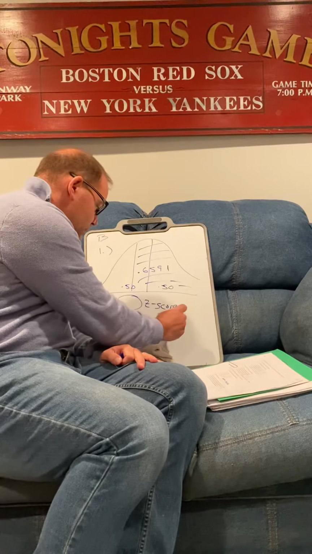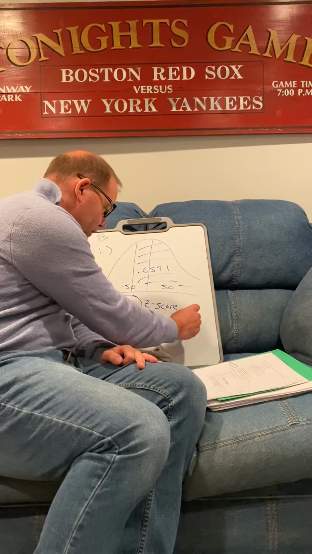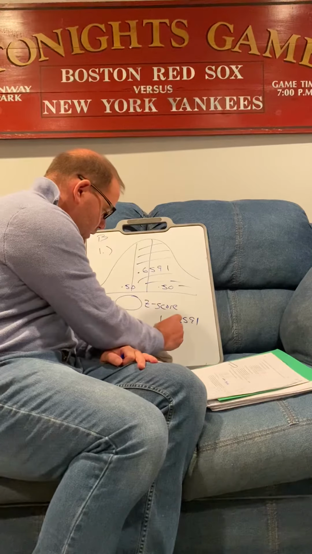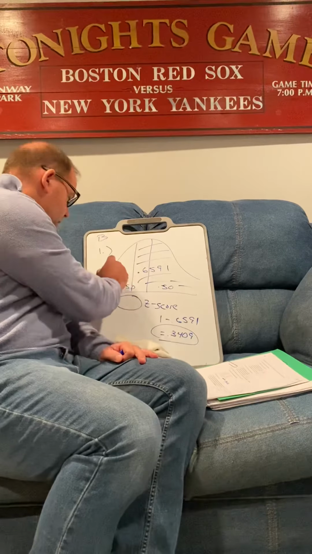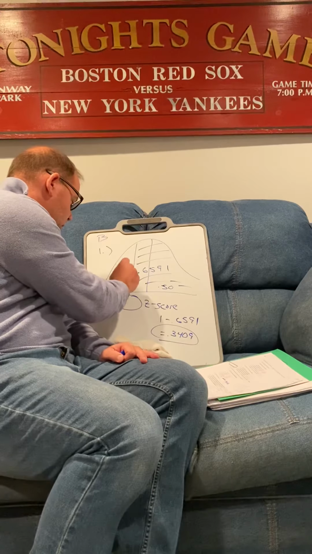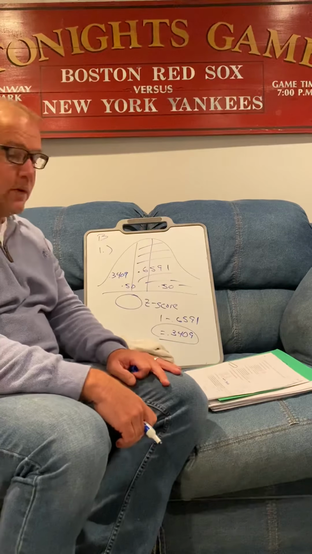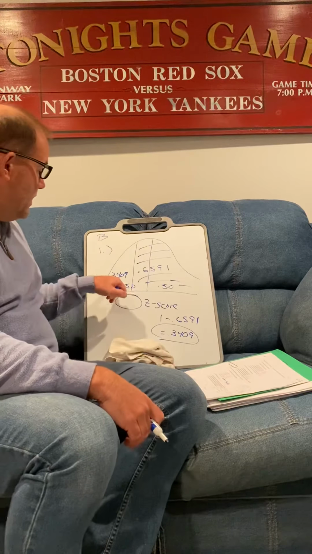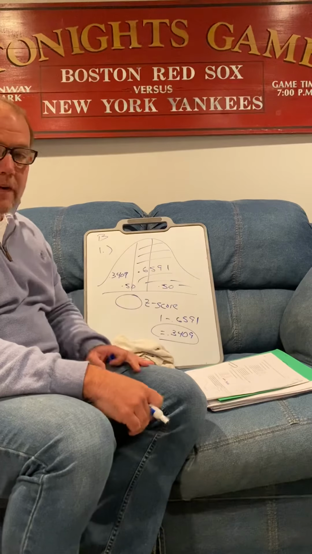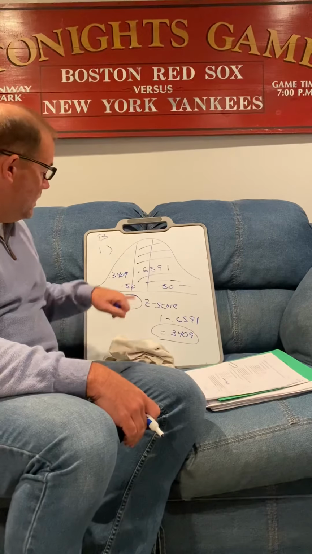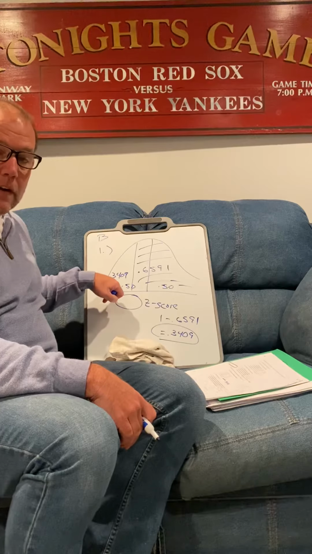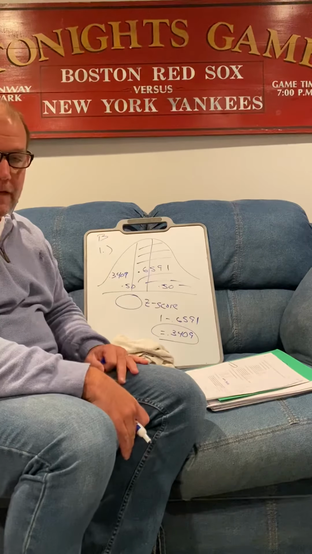So if you do 1 minus 0.6591, the area to the left is going to be 0.3409. Remember, these two areas have to add up to 1, the area under the curve. So this is the value you want to look up inside the body of your table.